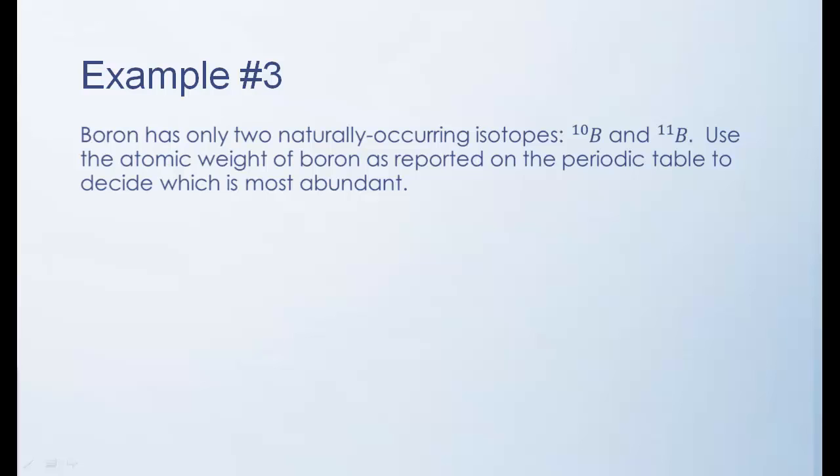Let's try another example. In this case, I tell you that boron 10 and boron 11 are the only two naturally occurring stable isotopes of boron, and I ask you to use the periodic table and the atomic weight found thereon to decide which one of these two isotopes is more abundant.